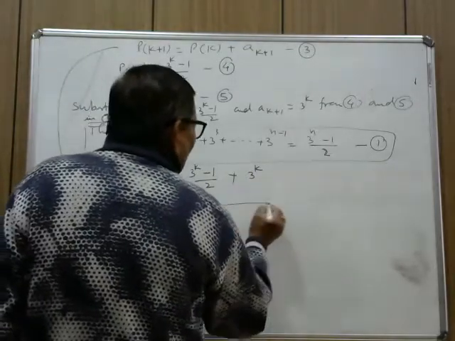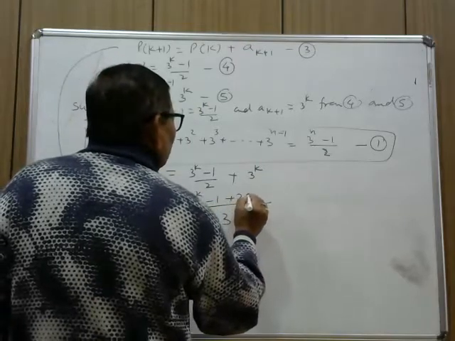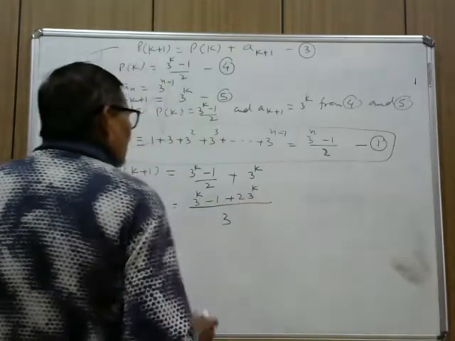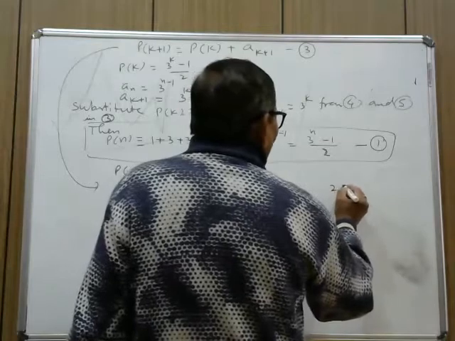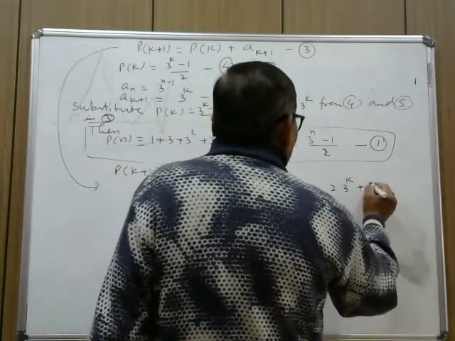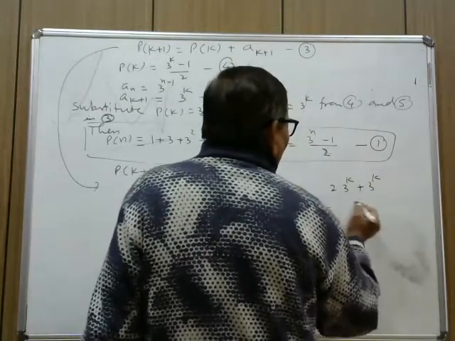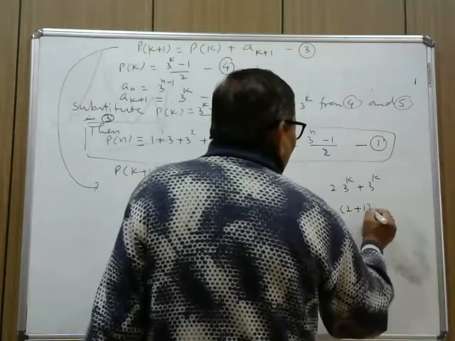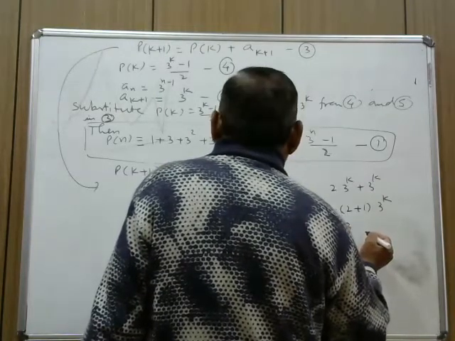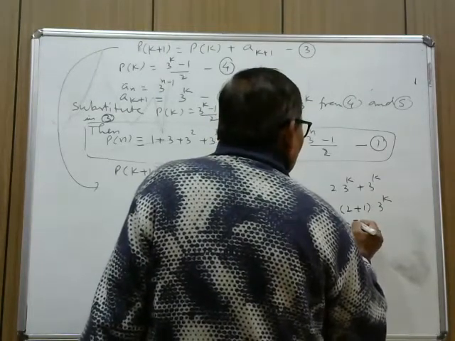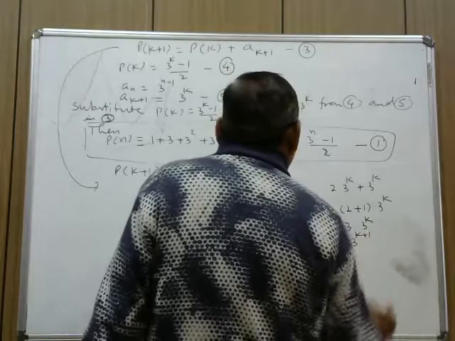So that is equal to, your LCM is 2, this is 3 to the power k minus 1 plus 2 into 3 to the power k. So when you add 2 into 3 to the power k plus 3 to the power k, then what happens? Your 3 to the power k is common. So here you are left with 2 plus 1 into 3 to the power k. You remember this. So this is 3 into 3 to the power k, and it is equal to 3 to the power k plus 1.